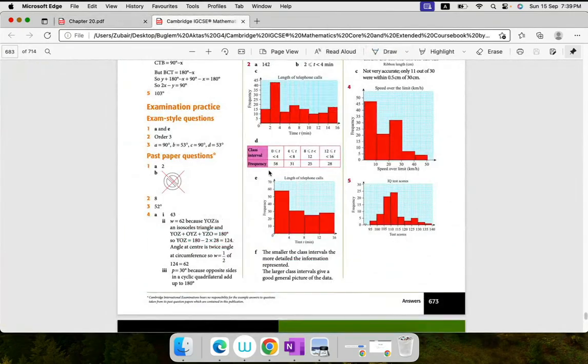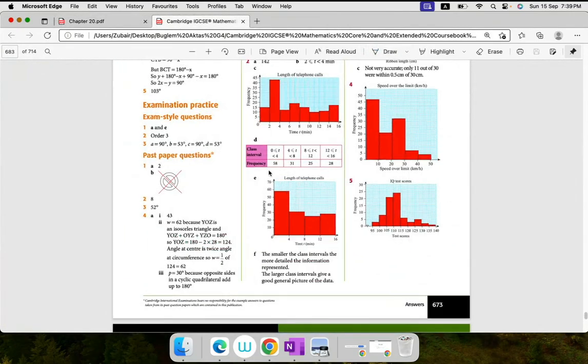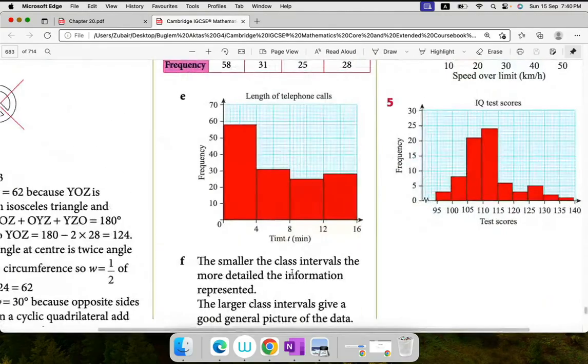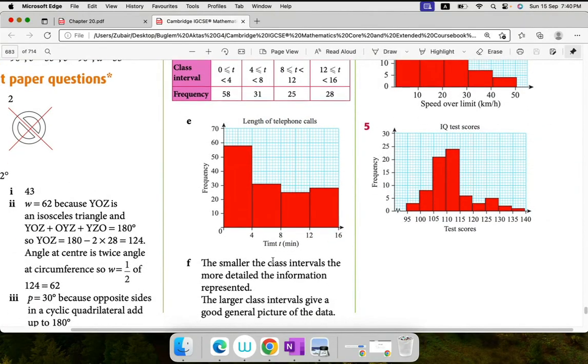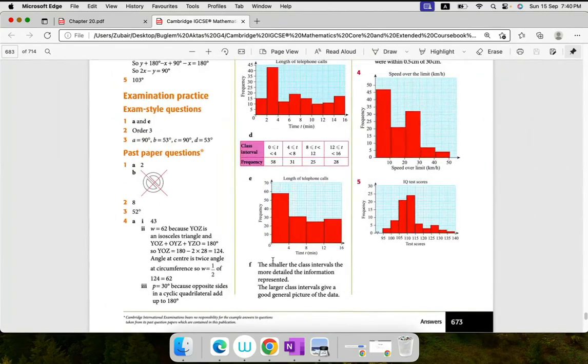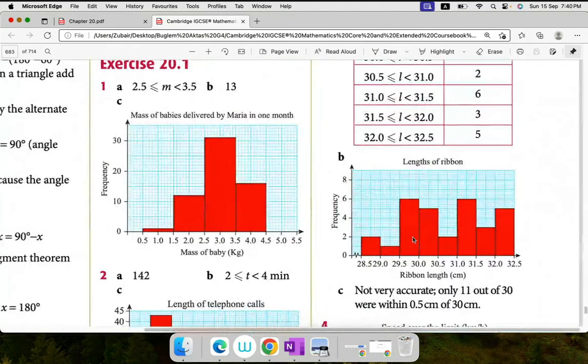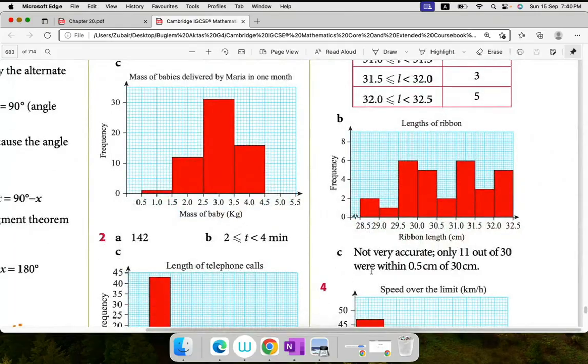Question 3. And the answer to the last one also. The smaller the class interval, the more detailed information is represented. The larger class interval gives a good general picture of the data. And question 3, not very accurate. Only 11 out of 30 were within 0.5 centimeters of 30.